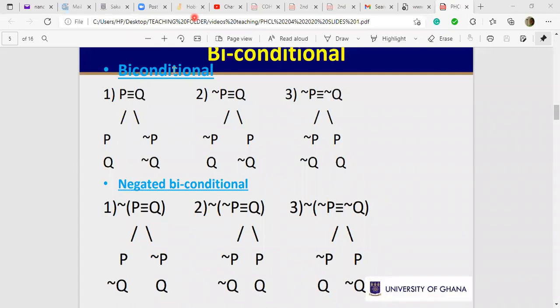Conjunction, negation, conditional, and biconditional. We are recording you. Let's listen to Rosina. Rosina, unmute and speak. All the 5 at a go. Conjunction, negation, disjunction, conditional, and biconditional.